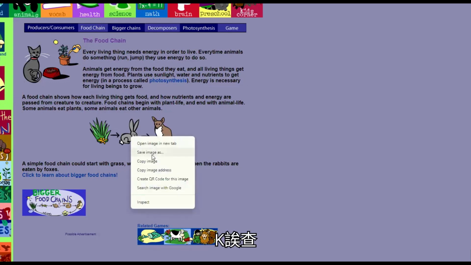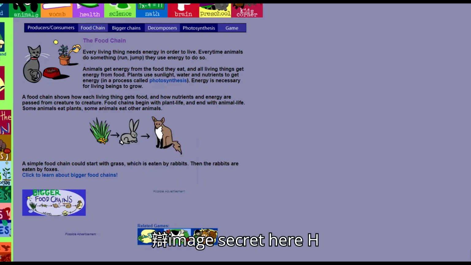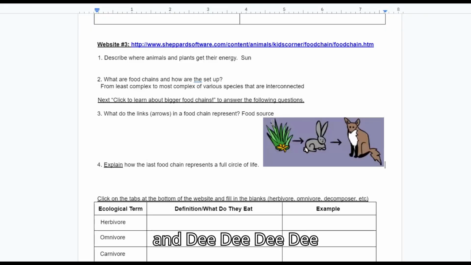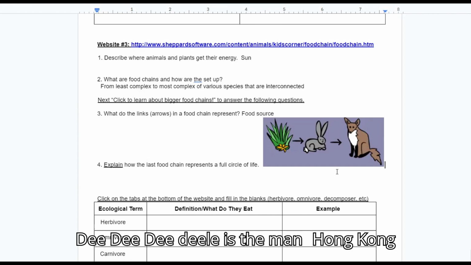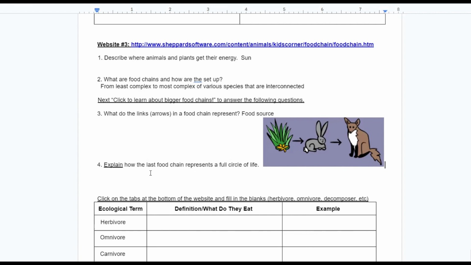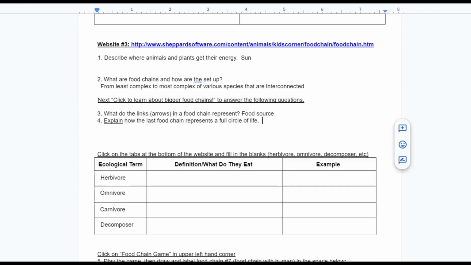Okay. Copy image. Let's go right here to the handout. This is what I meant, control V. There's the picture. So how does this, well, oh no, then it dies and it comes back and the plants actually use it. So this one's not a good representative of this. Okay, let's go undo. All right.